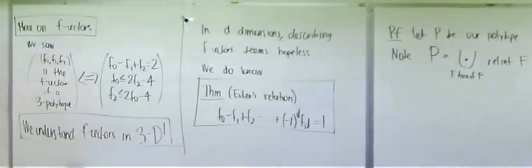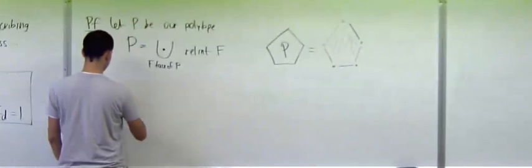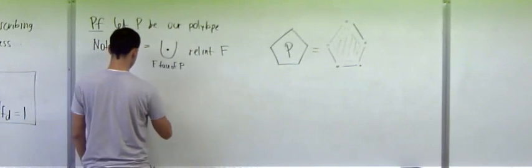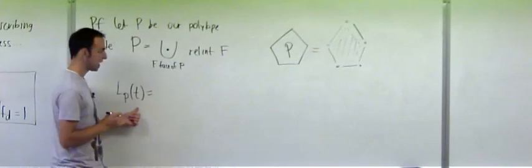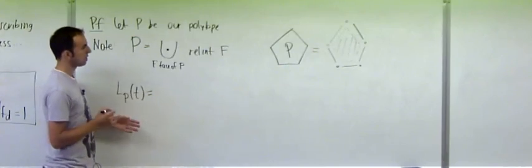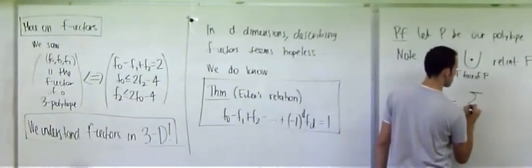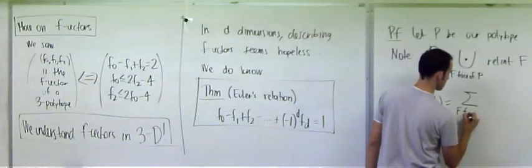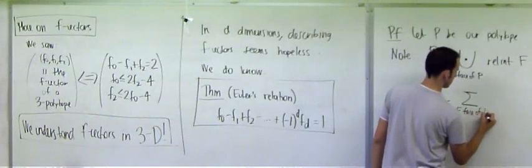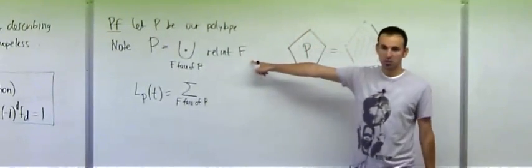And so what this means is that if I want to count lattice points in my polytope, or in some dilate of the polytope, then I just have to sum over all the different faces. So I sum over the faces of P of the number of lattice points in the interior of each face.